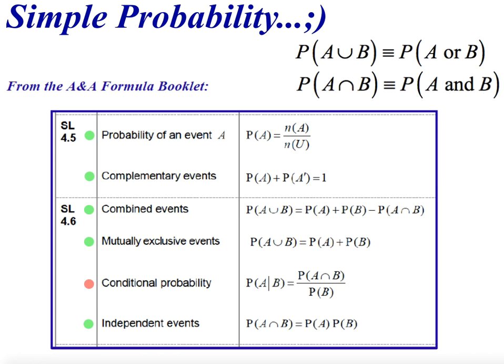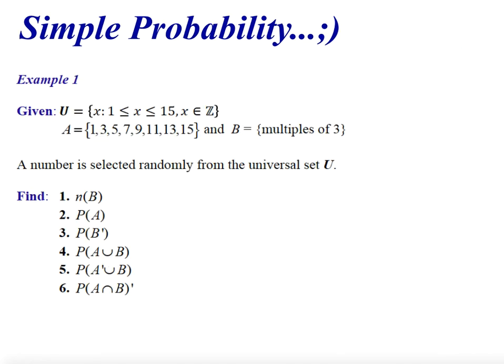So keep an eye on that. Language-wise, the or versus the and makes a subtle difference at various times. So let's consider a really straightforward example. By the way, it's called simple probability, not necessarily because it's so easy, but because it's different from conditional probability, and we'll see that later in another podcast.